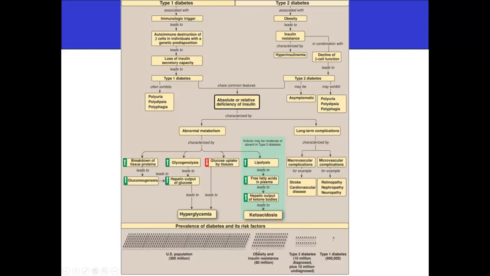And obesity and insulin resistance are very, very common. 80 million Americans have obesity and insulin resistance, compared to 10 million diagnosed with diabetes and 10 million which are undiagnosed, and we have only about 900,000 Americans with type 1 diabetes. So type 2 diabetes is much more common than type 1 diabetes. This is true for the American population, and I think it is true here for Saudi Arabia.